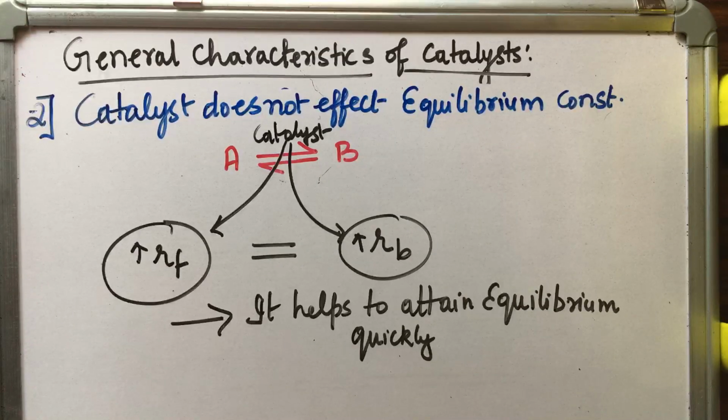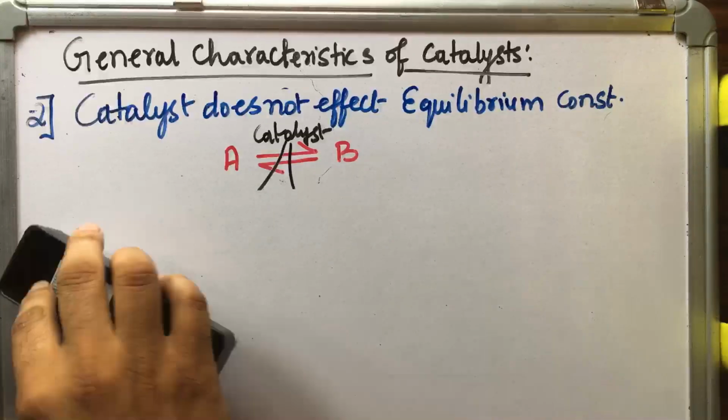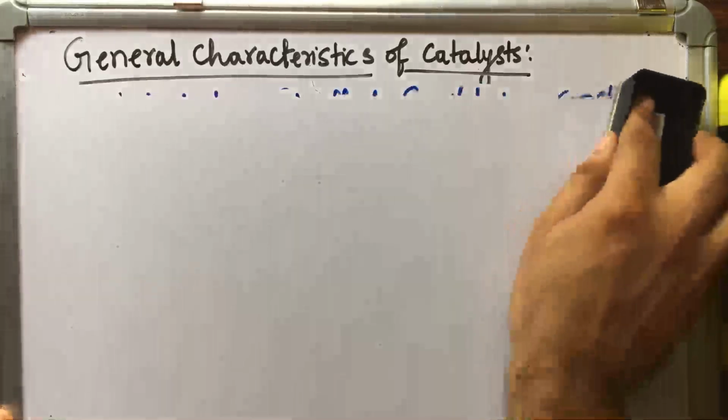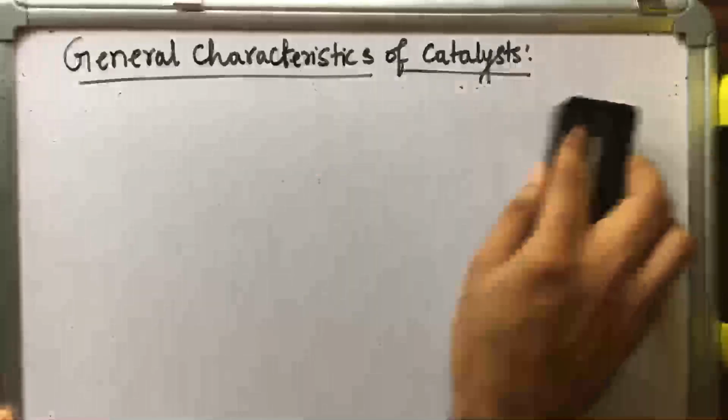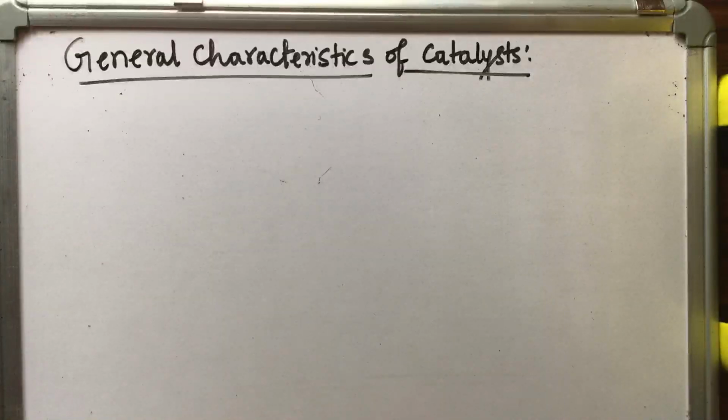The third important point is what quantity of the catalyst has to be used for the reaction. Should we use a large quantity? Should we use a small quantity? Catalyst means it should always be in a small quantity.